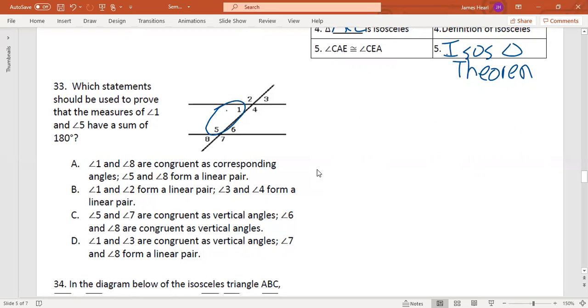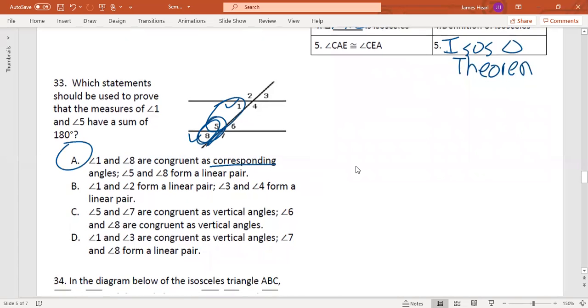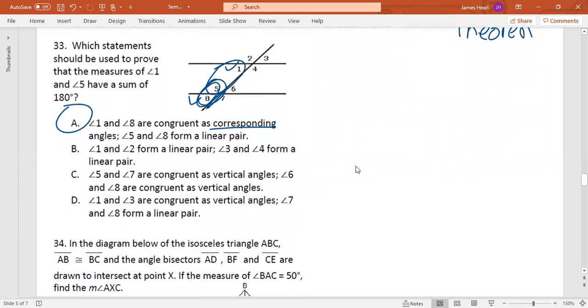So let's see what we got. 1 and 8 are congruent based on being corresponding. 1 and 8 are corresponding, I agree. And then 5 and 8 form a linear pair, side by side, forming a straight line. Lucky us. First one right off the bat's 100% true. And since it didn't say to select all that apply, we don't have to go checking the others. But if you check them, you'll see why they don't work.